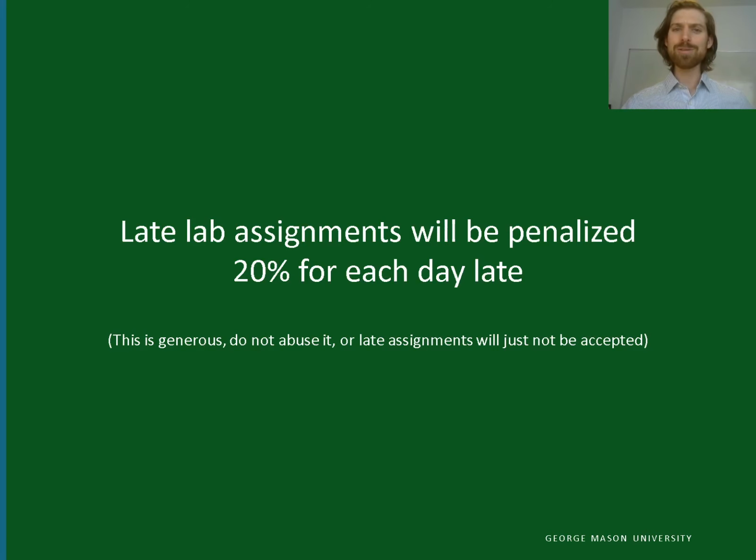This is a lot more generous than the previous institution that I was at, so please do not abuse this, otherwise I will just have to move to the standard protocol where if your lab assignment is late, it won't be accepted. We don't really want to go there if we can avoid it. So please just make sure you get your assignments in on time, and then we don't even have to approach this issue.